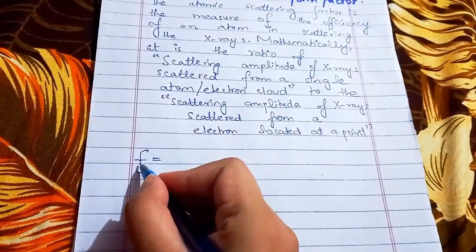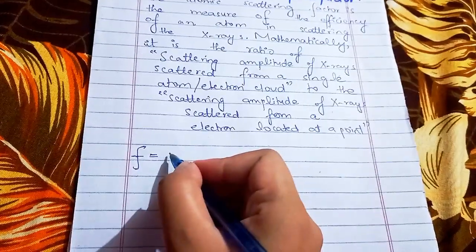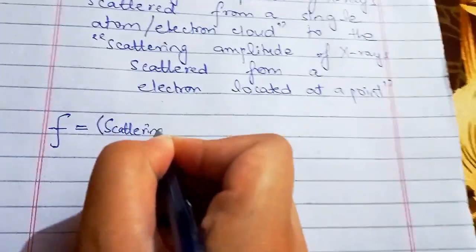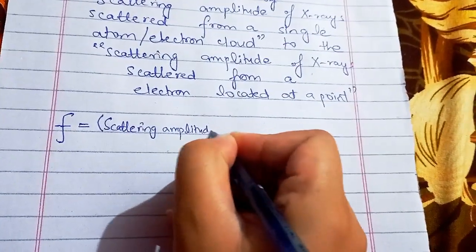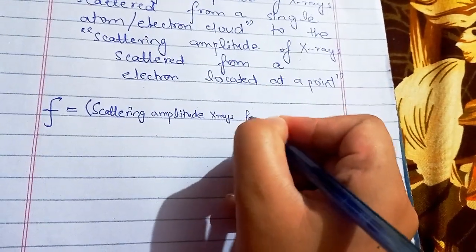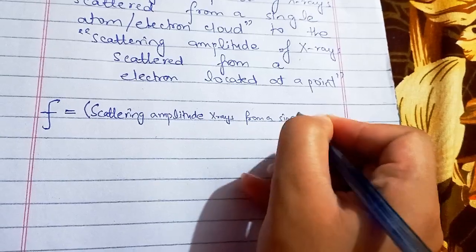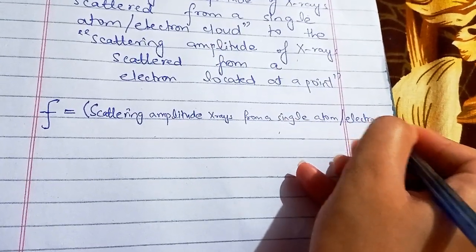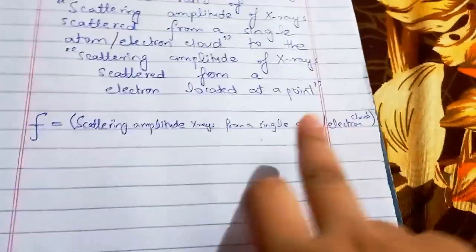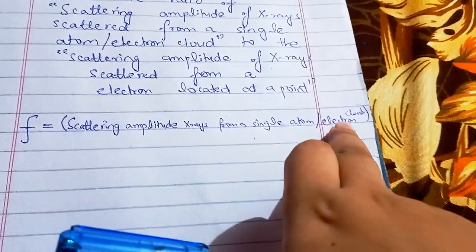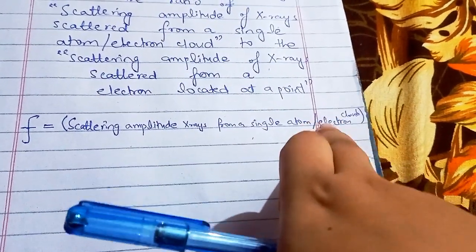We can write it in the form of a mathematical rule as well. F, which is the atomic scattering factor, is equal to, in brackets, the scattering amplitude of X-rays from a single atom or electron cloud. It's from a single atom in general, but in case of X-ray diffraction, we know that it's electronic cloud. That is why I'm writing here the electronic cloud.